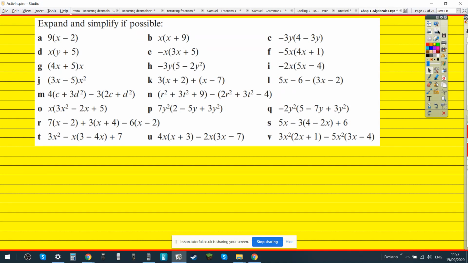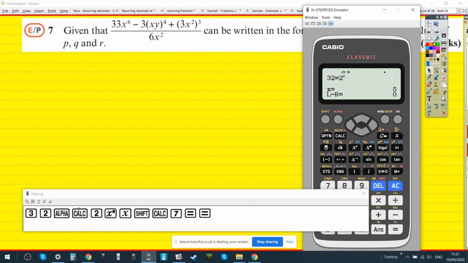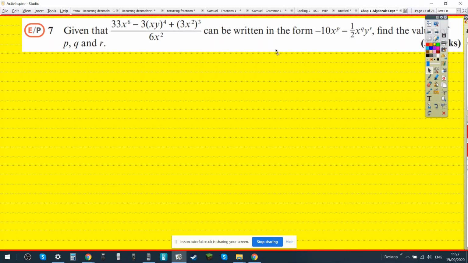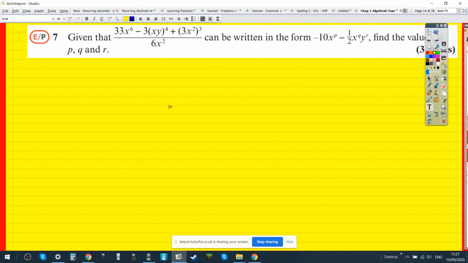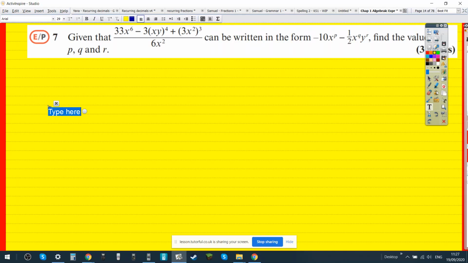So we have these expanding brackets. All right. This is full on. Let's try this one. So it would be 3x to the power of 4 and y to the power of 4.